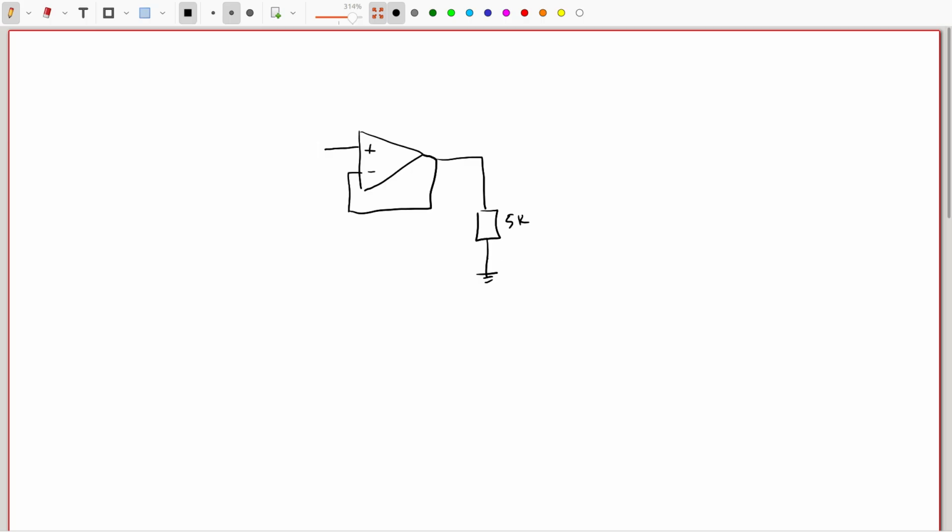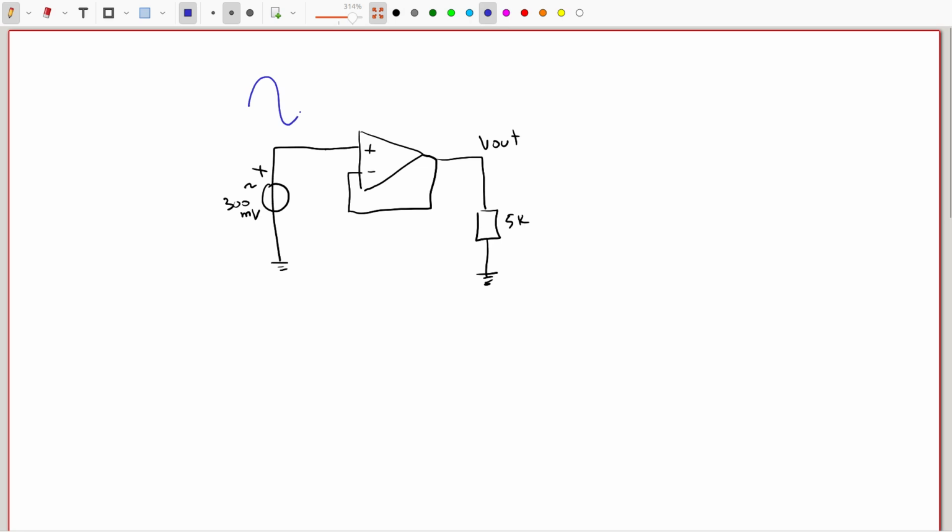I am assuming that this capacitor is just a short circuit for high frequencies. And then this is my V out. And if I connect an input voltage of 300 millivolts, I expect 300 millivolts also going out on the other side.